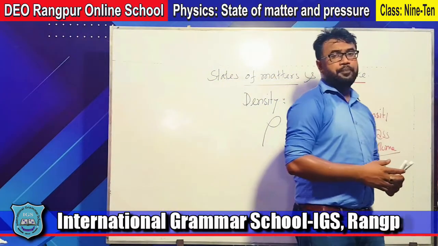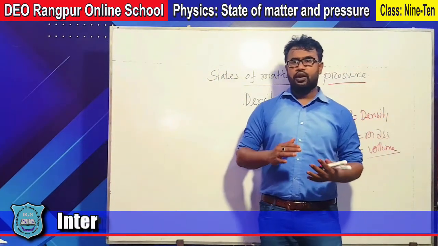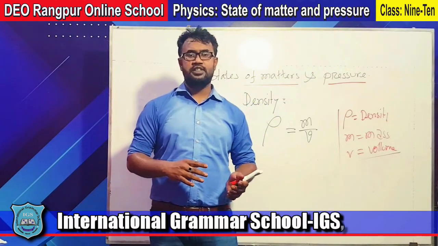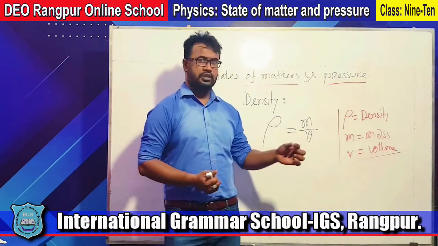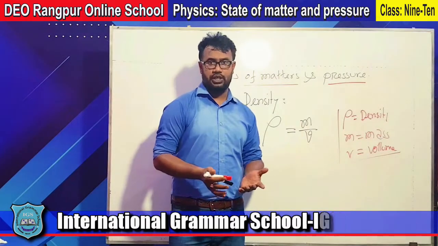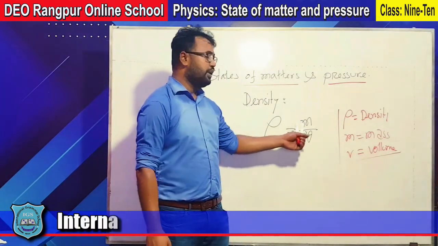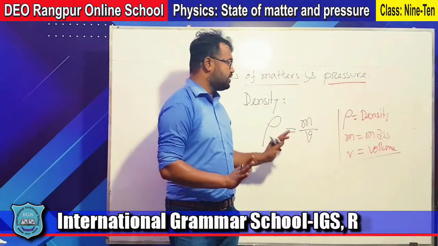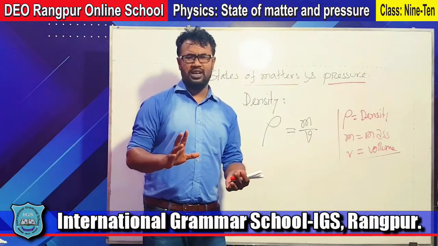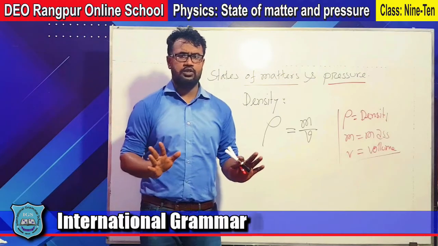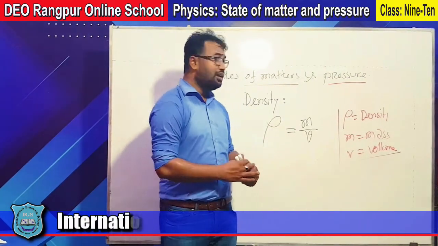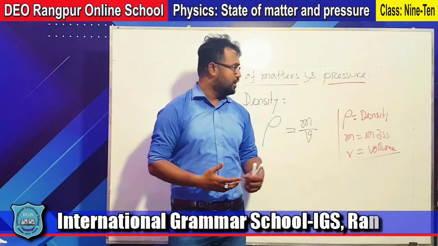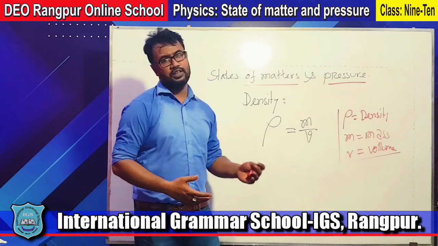The amount of water, that means the volume of water in the glass, is unchanged, but the density has changed because you have seen that the water becomes sticky. How is it possible? Because we increased the mass but not the volume. One glass of water was there the first time, and the last time one glass of water was still there, but we have added some amount of sugar. That means the mass has been increased. That's the reason density has increased.